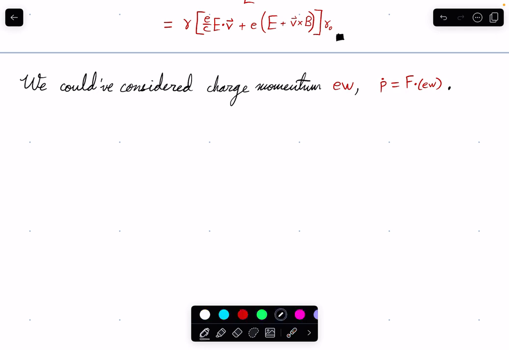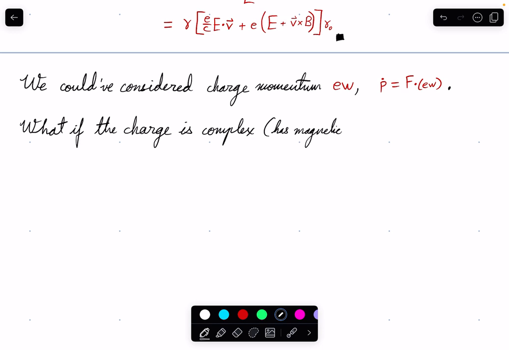So what if there's magnetic charge? So what if the charge is complex? And this is the same thing as saying has magnetic charge. Again, there's this whole thing where it doesn't really exist, but it's important for the math.